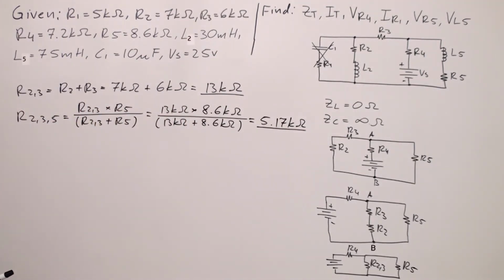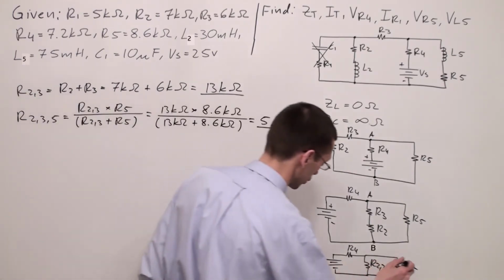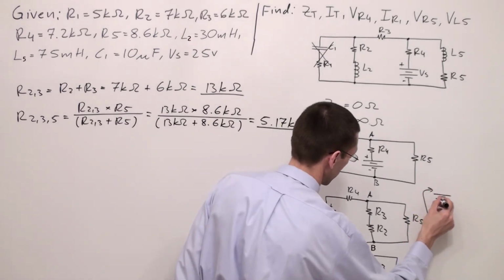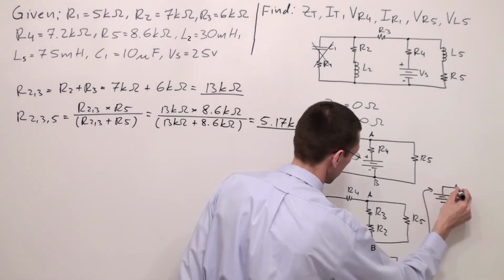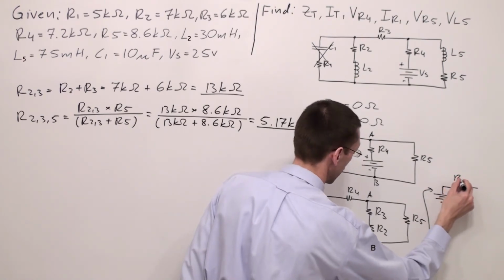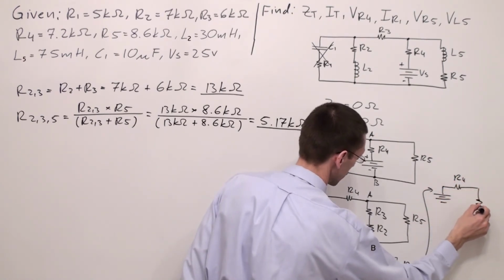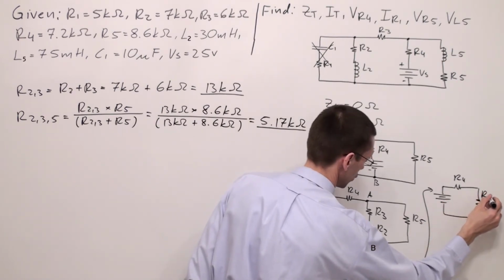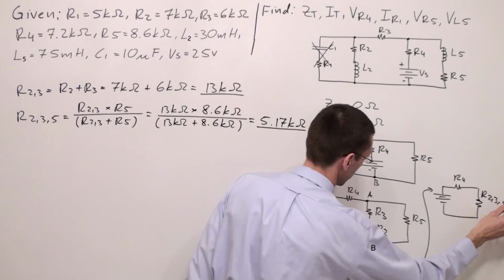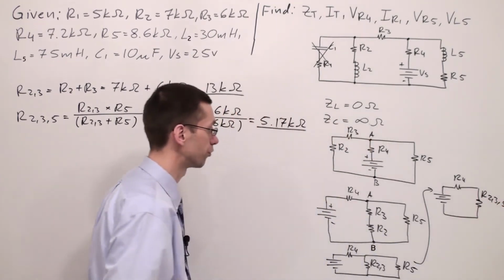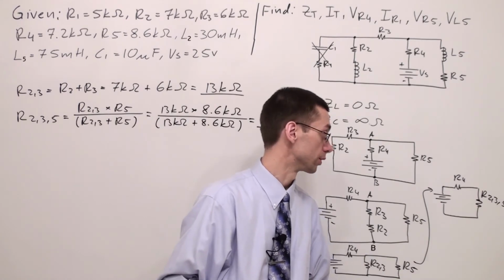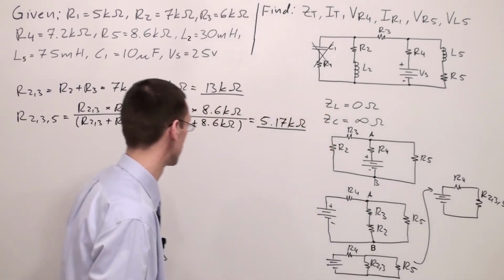Okay, so this is the resistance R235. Now I can redraw the circuit, and I'm going to have the power supply, resistor R4 and resistor R235. In order to find the total resistance, I'm supposed to add these two resistances because they are in series.